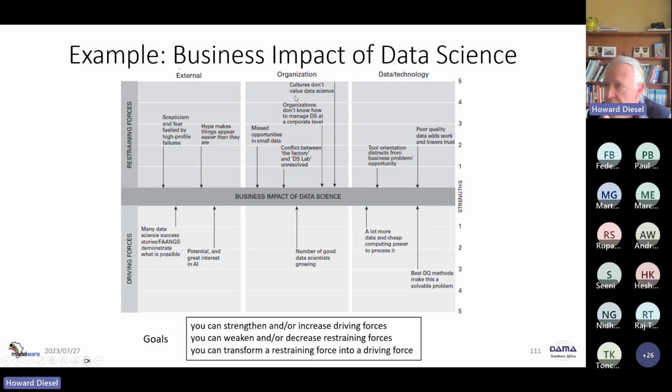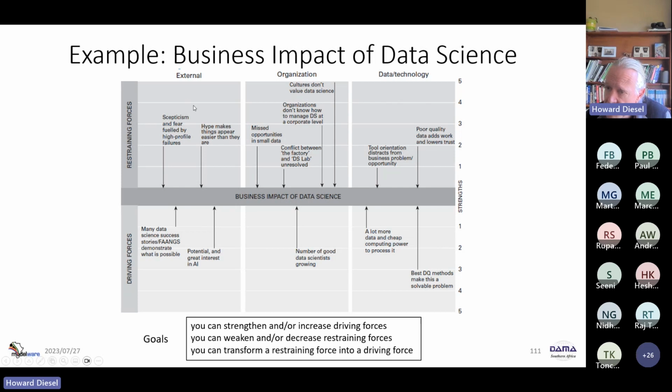What is the culture around data science? Is it something that people don't want to bring in? They're too scared of how it may affect their jobs. There are lots of these things you need to go through, and for each force, you define a level of 1 to 5.